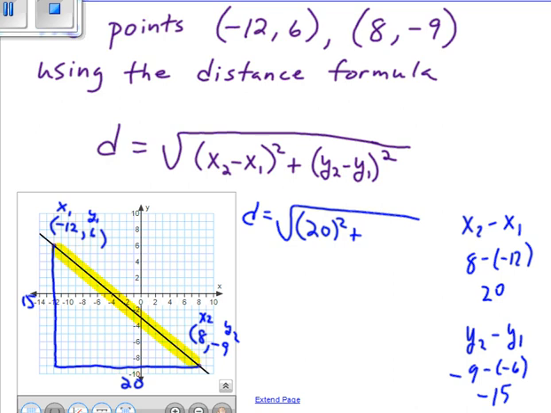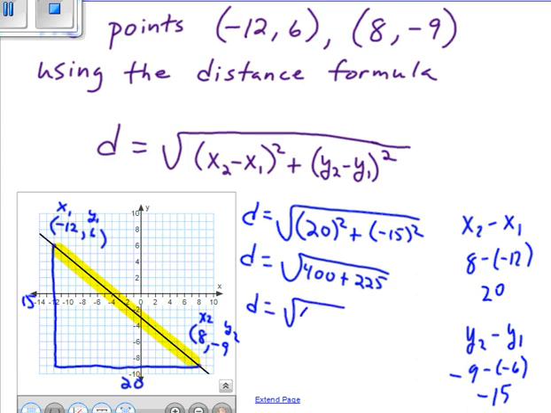So this is -15 squared, so d equals 400 plus 225. So I get d equals root 625, that's a perfect square, d equals 25 units. So that's how I use the distance formula.